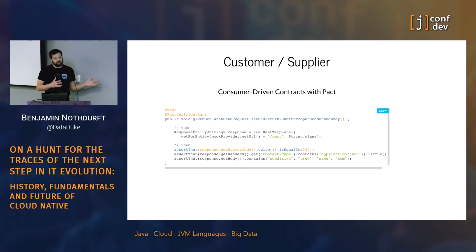And what we use in that regard is consumer driven contracts. For example, we realized it with Pact, and the good part about it is that you have one contract broker in your system, and you just need to include a few libraries, and then you are good to go.